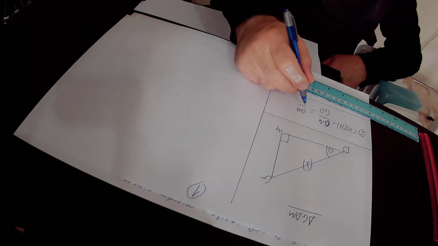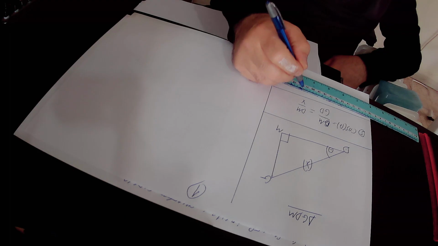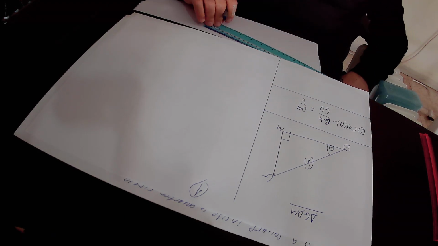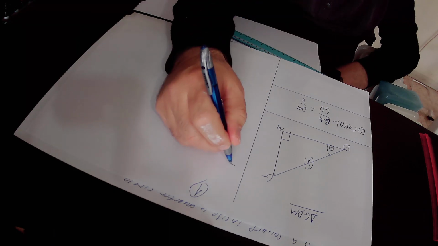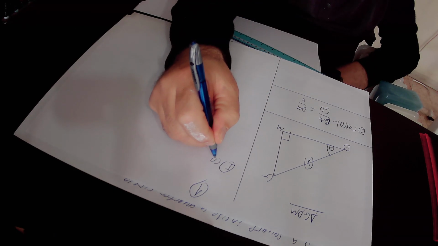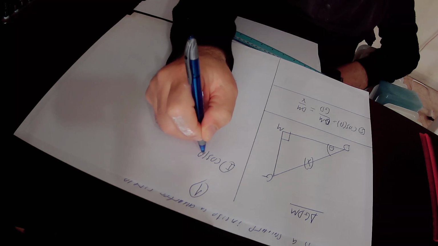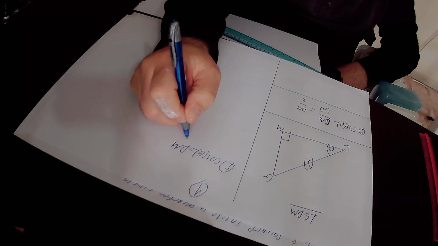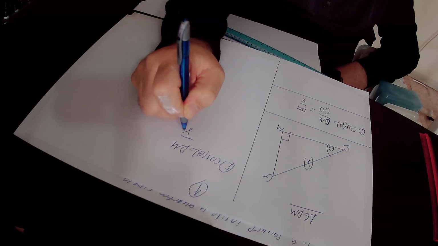GD equals x, so we substitute GD by x. So actually we found out that according to equation 1, cosine theta equals DM over x.